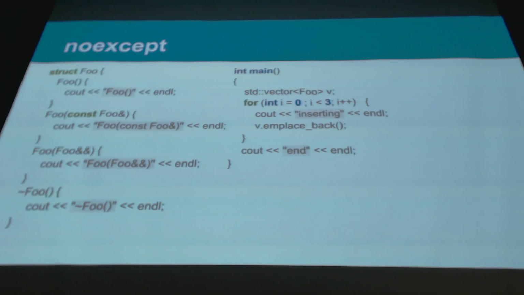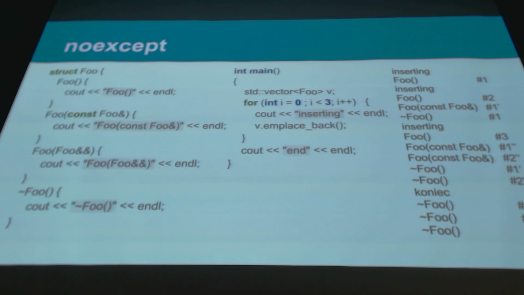So instead of creating an object and then passing it to push_back, we are just creating the object in memory inside the vector. So in this case we'll avoid some move constructors.